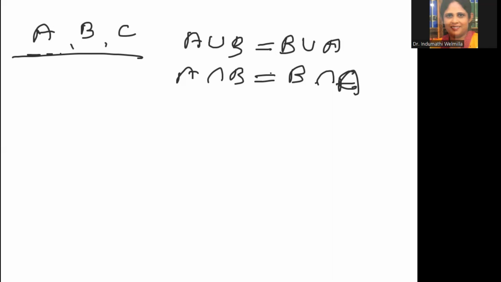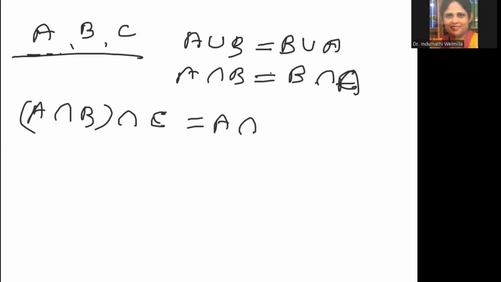Then we can say A intersection B intersection C equals A intersection B intersection C, grouped either way. And the same for the union.